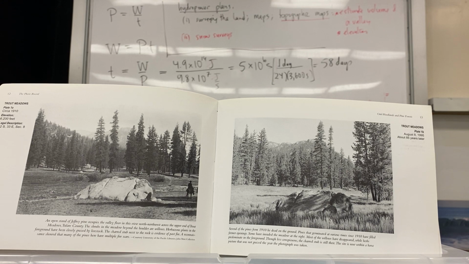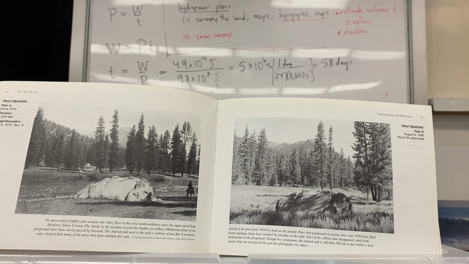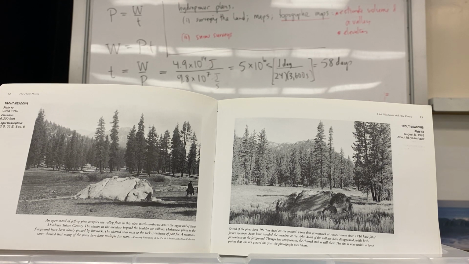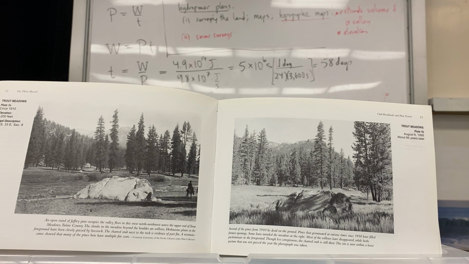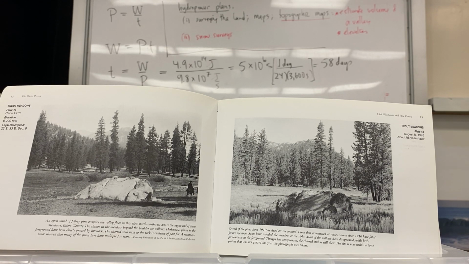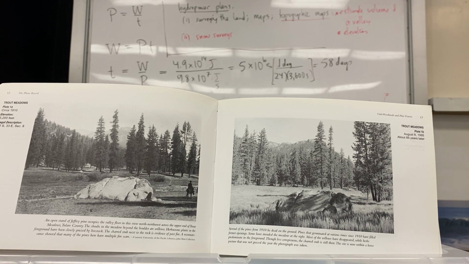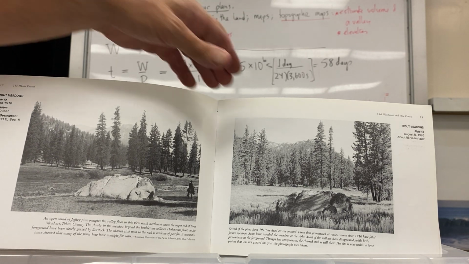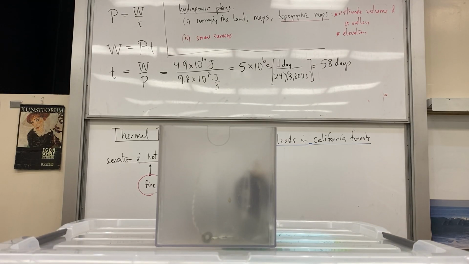So George Gruelle, the author of this book, and the guy who did the whole project, tracked down about 100 of these historical photos, and it's one of the most convincing presentations I've ever seen. Wanted to make sure everybody sees it. So the theme here is fuel loads in California forests. Out of the other 100 or so, I have one more that I'll show you. Make sure you get screenshots of all of these.